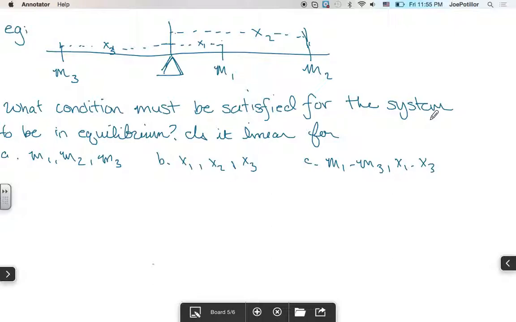And it asks, is it linear for both? Okay, that's the question that they're asking us.